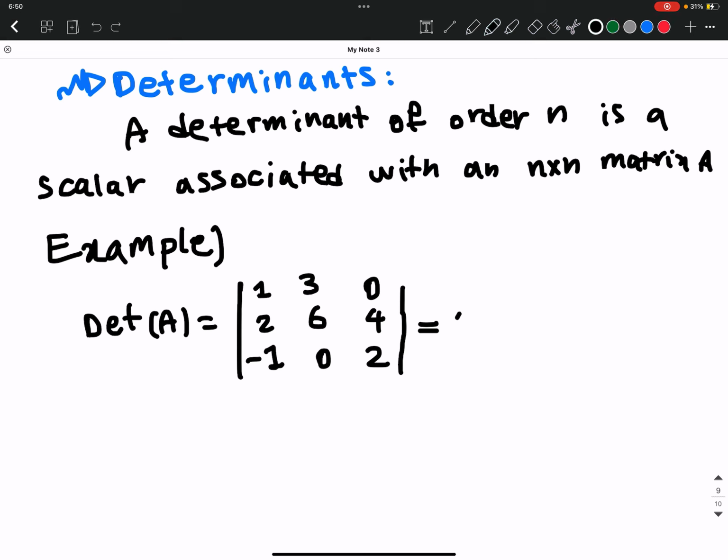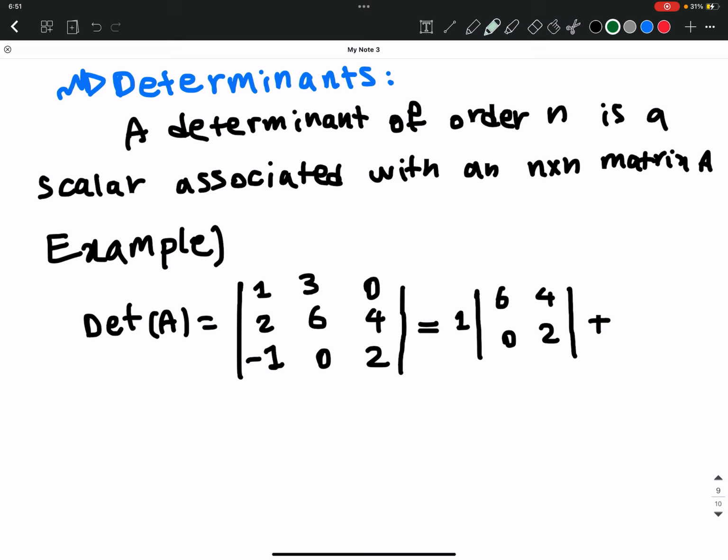First, it's going to be 1 times the determinant of 6, 4, 0, 2, plus, now I do it for the second component, which is 3, and then I have 2, minus 1, 4.